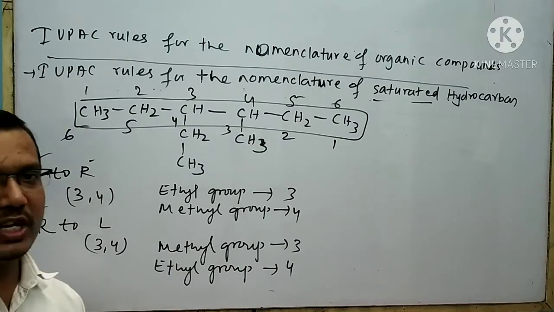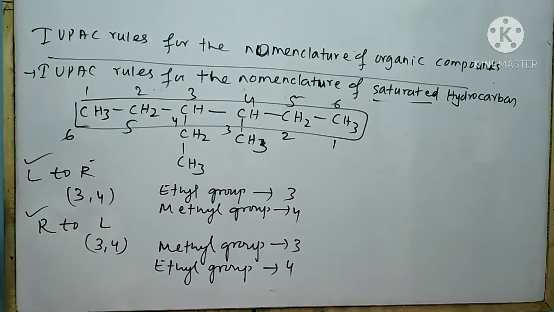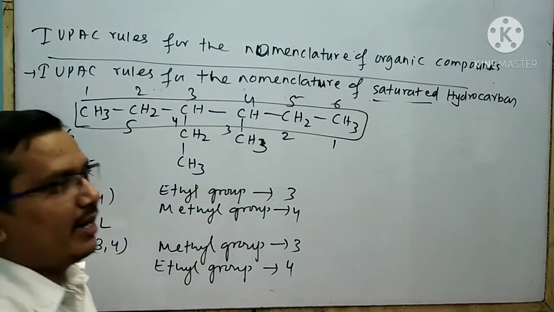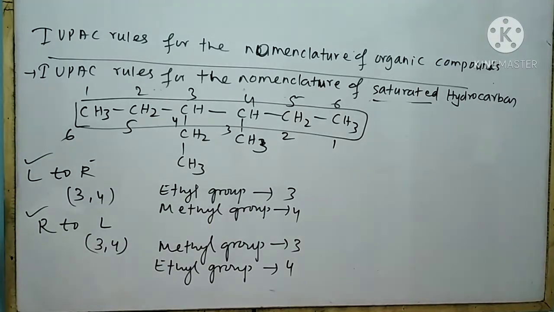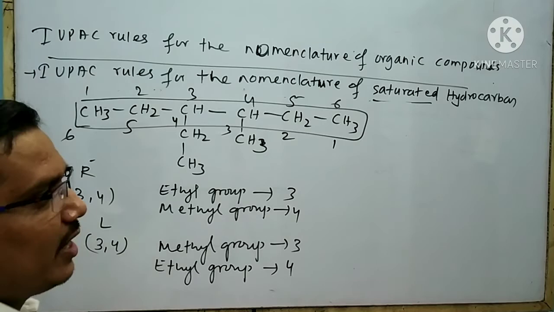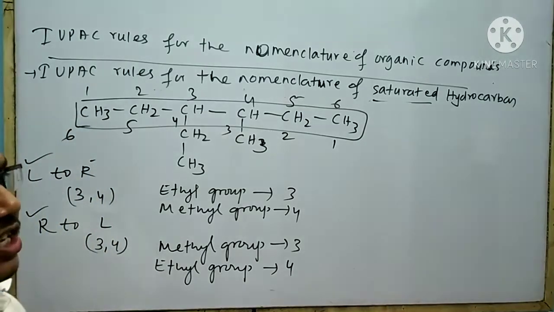For solving such a problem, we generally follow a rule. If two different substituents are in equivalent positions from the two ends of the chain, then the numbering of the chain is done in such a way that the substituent which comes first in alphabetical order gets the lower number.